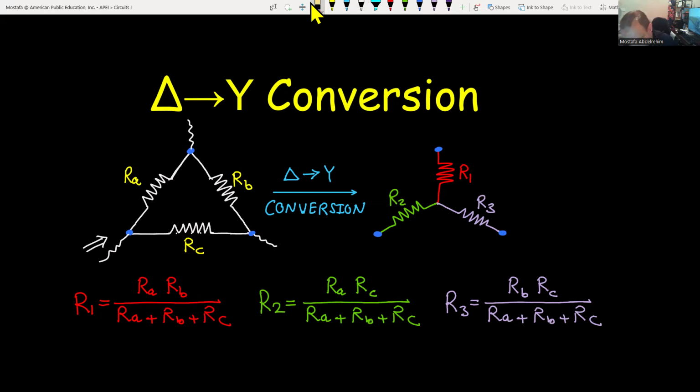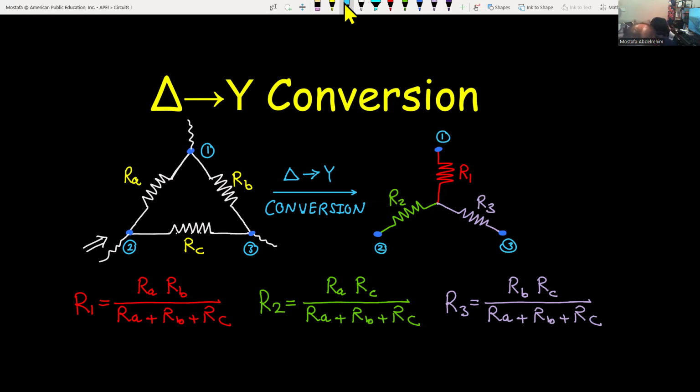So how to convert from delta to Y? As you notice here, there are three terminals: number one, number two, and number three. If you have a delta connection like that between the terminals one, two, three, between exactly the same terminals, you can create this Y connection.